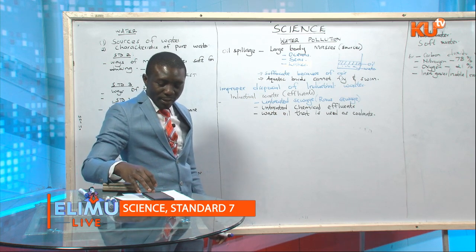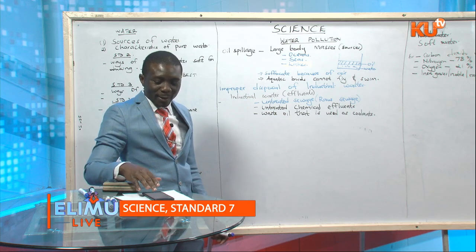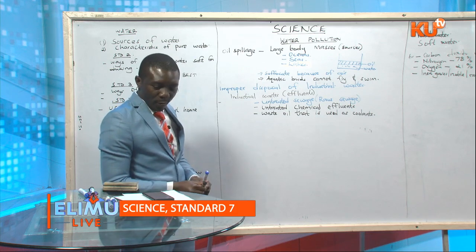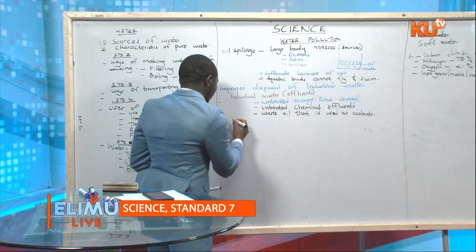Another water pollutant, because of time, I'll go very fast, is improper disposal of human or animal waste.